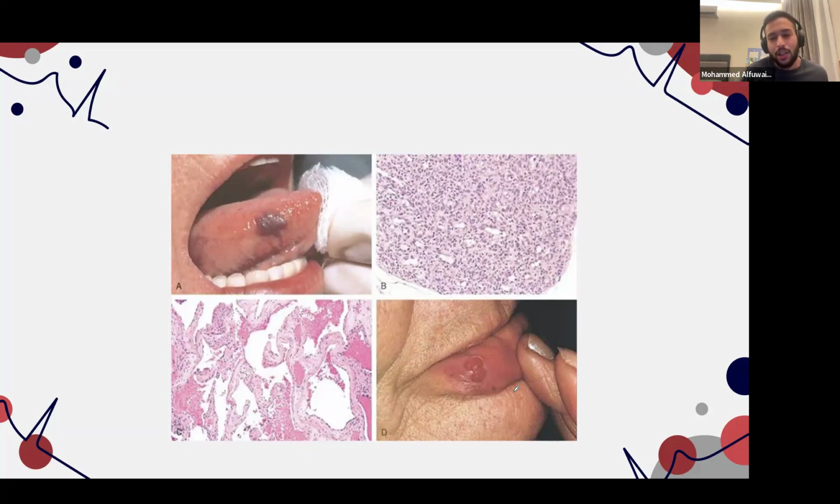This is what we call a strawberry hemangioma. Typical in young children, like infants. An important sign is that it regresses over time. Other than that, you have cavernous hemangioma and pyogenic granuloma as other types of hemangioma.